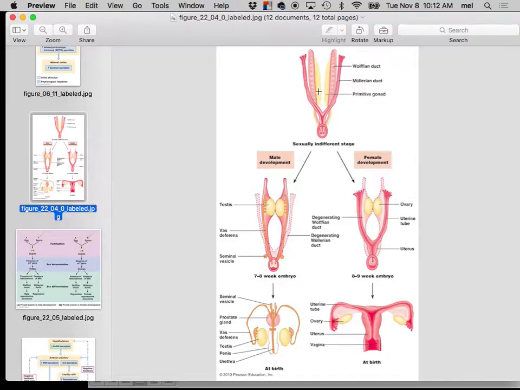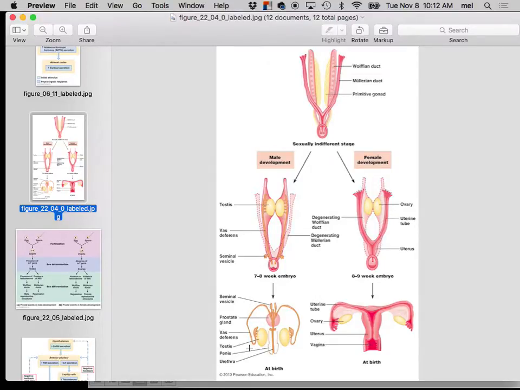Remember how we said that you get to be a male: on the Y chromosome, you have differentiation and degeneration of the Mullerian ducts because of Mullerian inhibiting hormone, right? And then you get a surge of testosterone that causes the continued development of the male reproductive tract.